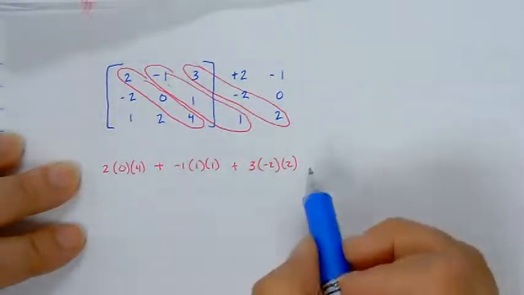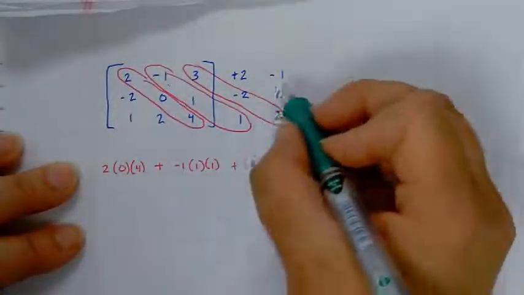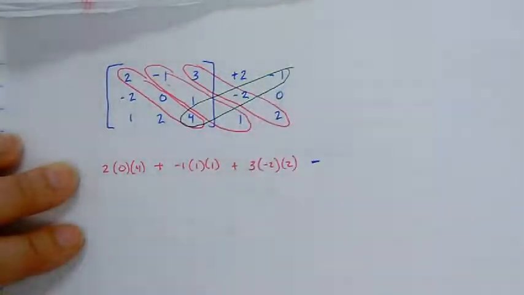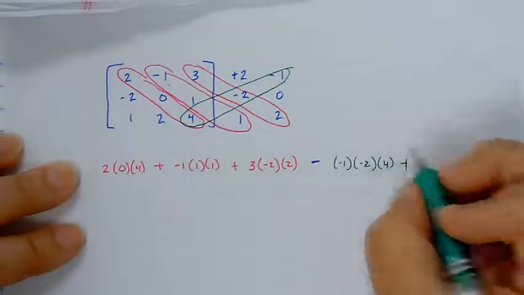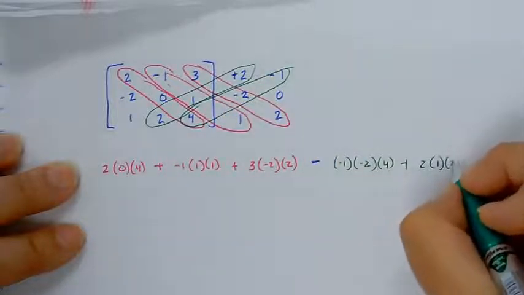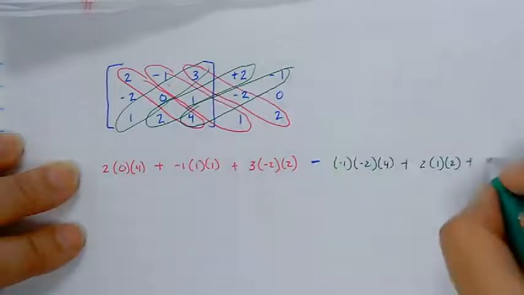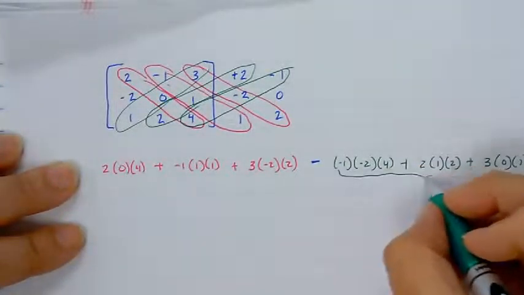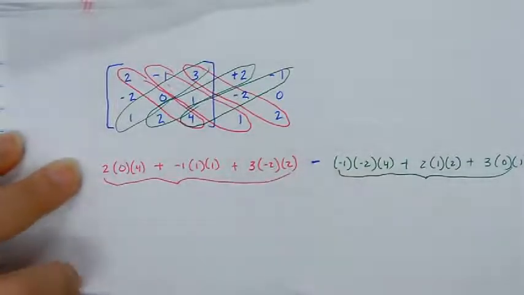And now I'm going to subtract, multiplying the other direction. So -1, -2, and 4, plus 2 times 1 times 2, plus 3 times 0 times 1. I've got to find the answer to this part and the answer to this part and subtract the two numbers, because it's the difference of those two.